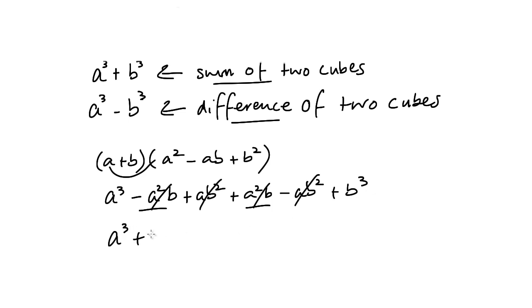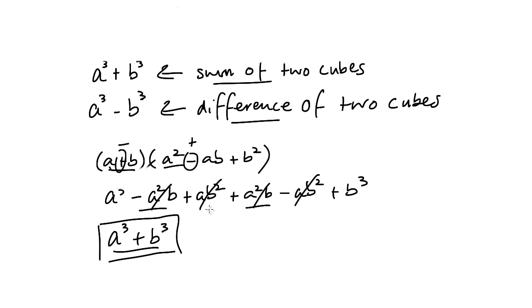So what that's saying is that if I started with this expanded form, a cubed plus b cubed, I could go straight into the factorized form, which is (a + b) multiplied by (a squared minus ab plus b squared). Likewise, I could do the same for a cubed minus b cubed, but rather than a plus here and a minus sign there, I have a minus sign here and a plus there.